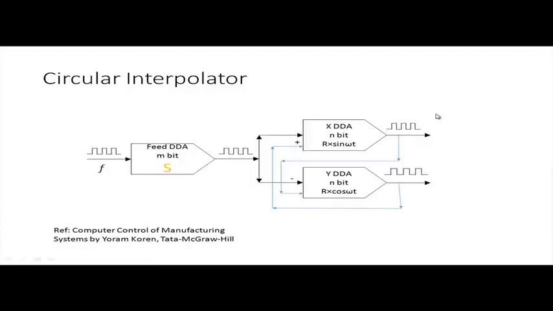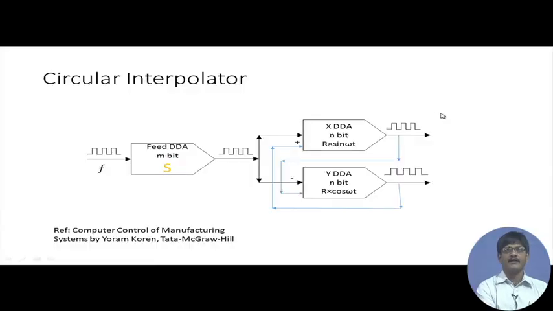All right. So, let us complete our discussion on circular interpolators. Circular interpolators are somewhat different from the linear interpolators. This is their configuration. We have seen that a pulse rate is coming at the input to the feed DDA, and the basic configuration remains the same.